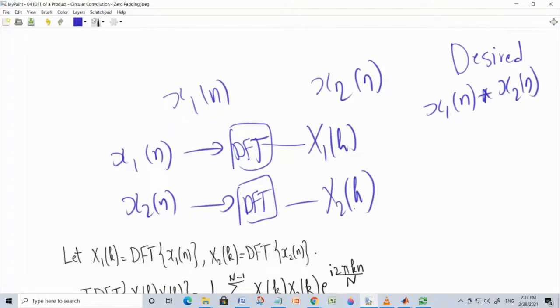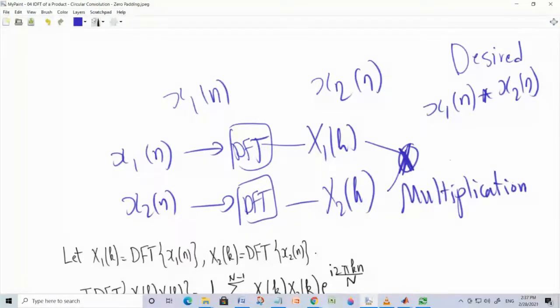And we know that in the frequency domain, you do multiplication. So you multiply these together, and then you do the inverse DFT. Mathematically, this is what we do in Fourier analysis. You want to convolve two signals. One way of doing things is to work in the frequency domain, where you do not really need to do convolution.